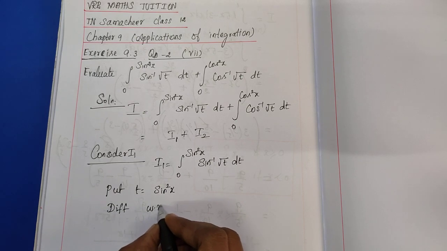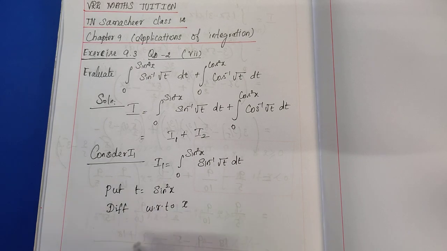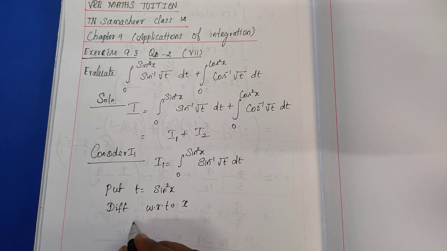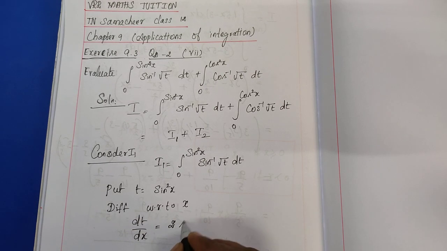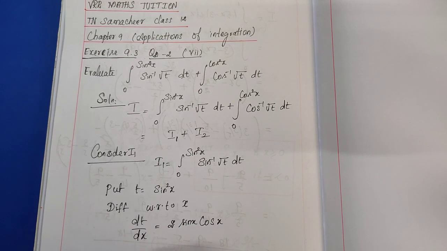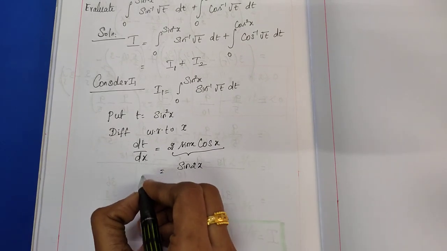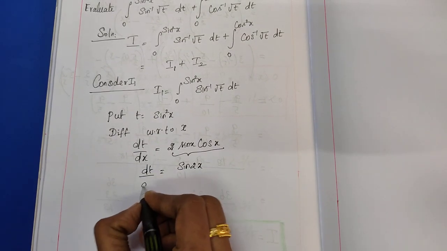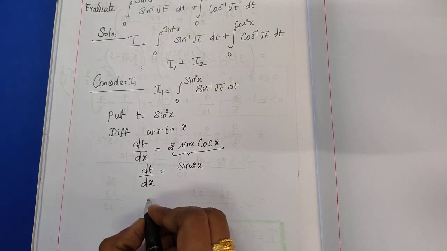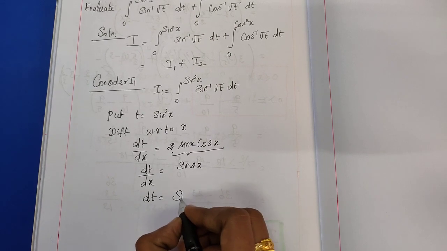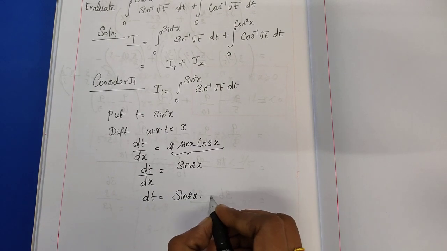Differentiate with respect to x. Then dt by dx equals 2 sin x cos x, which is sin 2x. From this line, dt is equal to sin 2x dx.